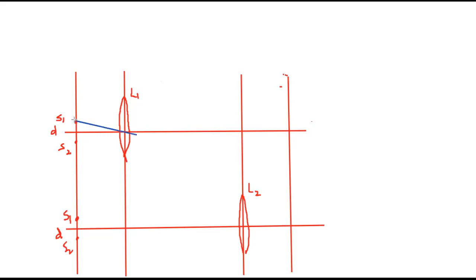From S1, draw a line passing through the optical center.